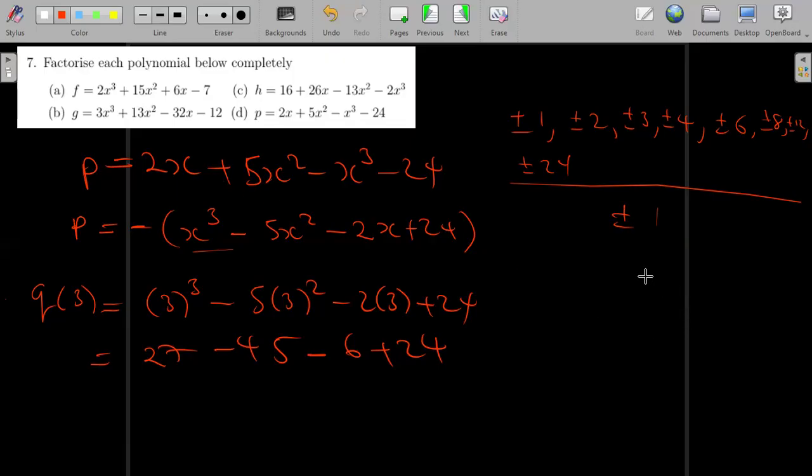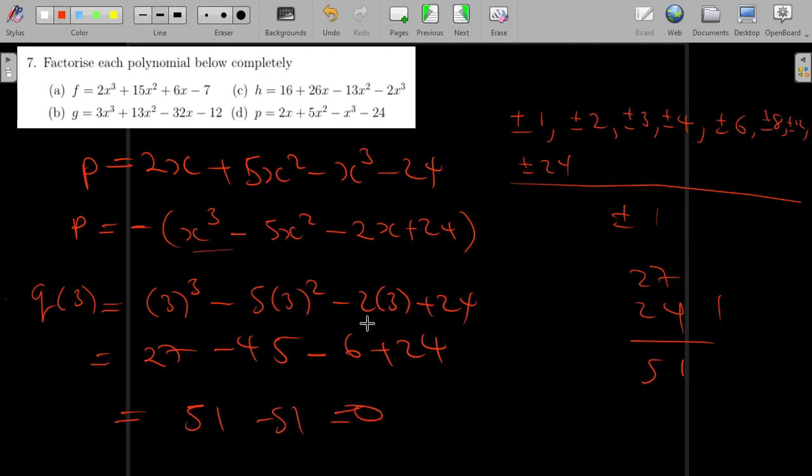Because on the one side I have 27 plus this here, which gives me 51, and that is going to be negative. So this is 51 minus 51, which gives me 0.